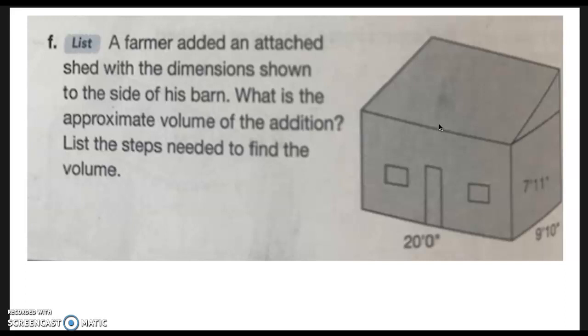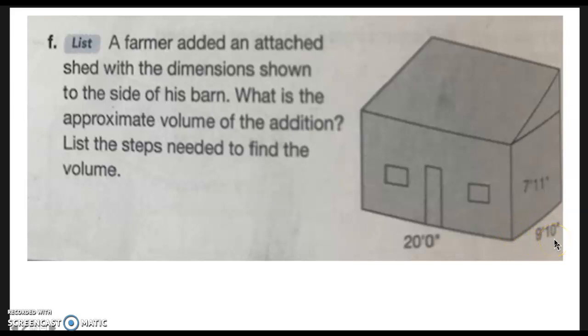All right. So to find the volume, what's kind of nice here is they said, what is the approximate? So we can round. So we're going to round our dimensions. So here it's already nice and rounded, so we're going to go 20 feet. Here, though, we have 9 feet 10 inches.